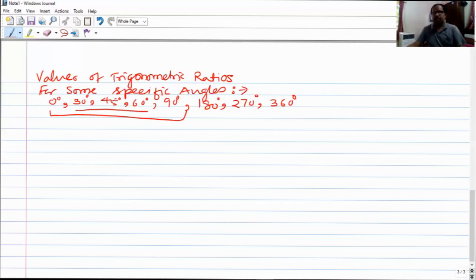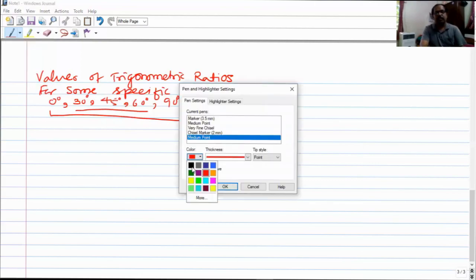So just I will tabulate the values of trigonometric functions and we will use them to solve the examples. So how they can be, just see here. I will draw a table showing the values of trigonometric functions.